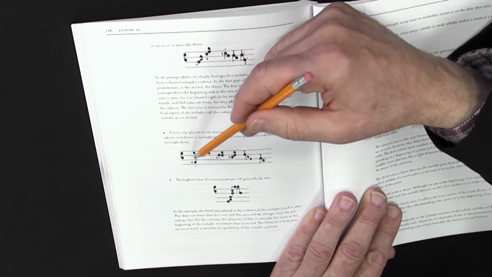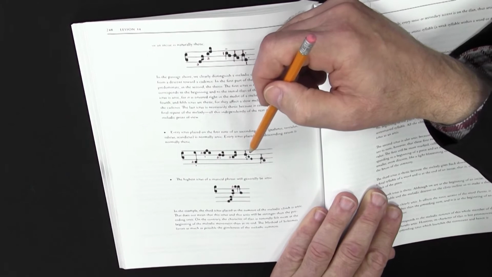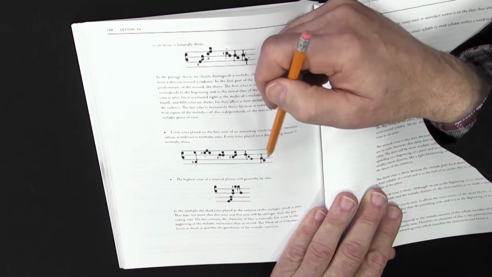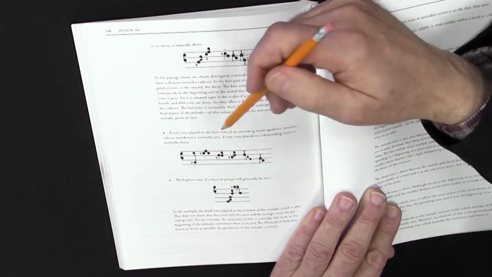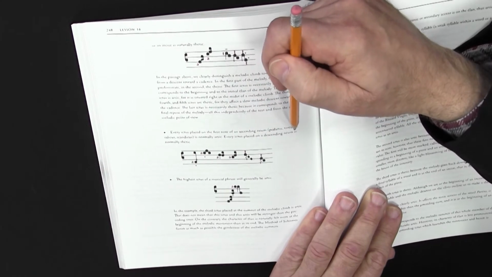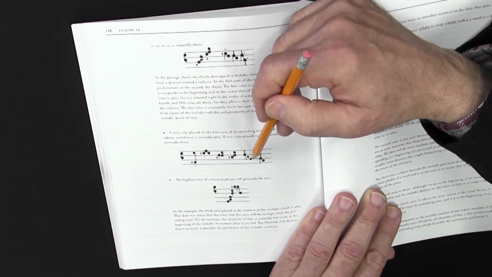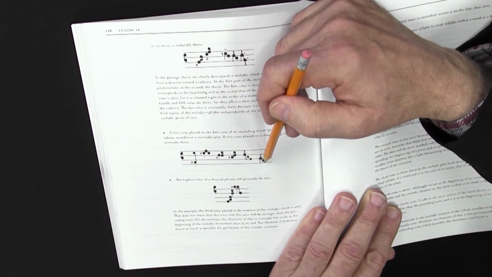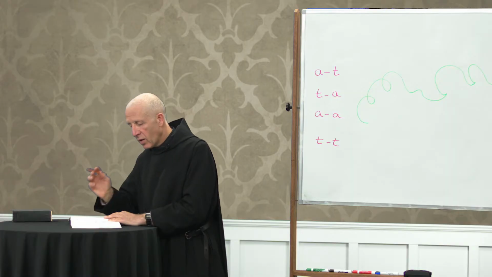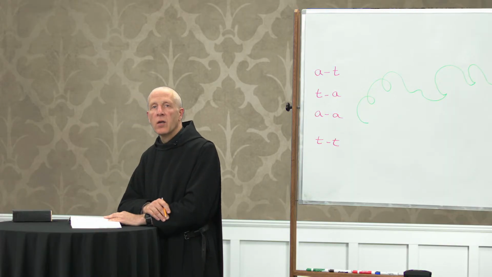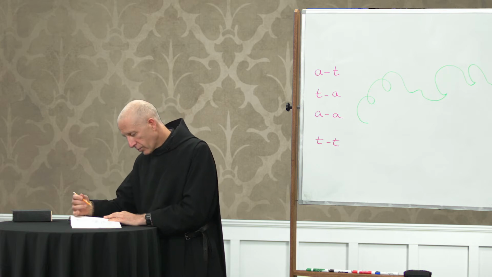So here you're given various examples of ascending neums. Generally speaking, every ictus placed on a descending neum is normally thetic. Here you have climacus and a clivis, descending neums. Generally speaking, the descending neum has a thetic value.